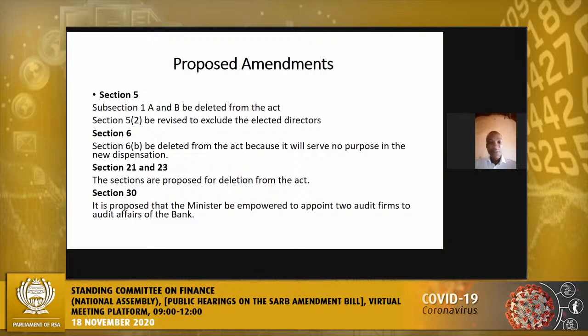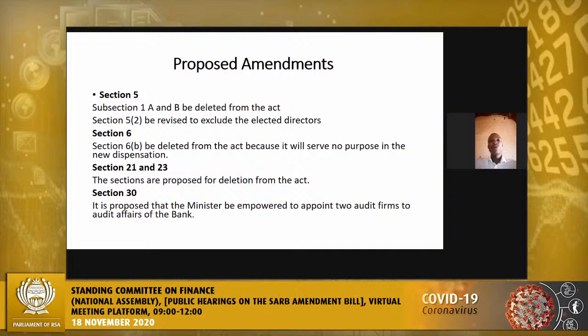Thirdly, the allegation that the independence of the Reserve Bank will be infringed by ownership of the state is a very, very laughable allegation. This is because only eight central banks in the world have private shareholders.